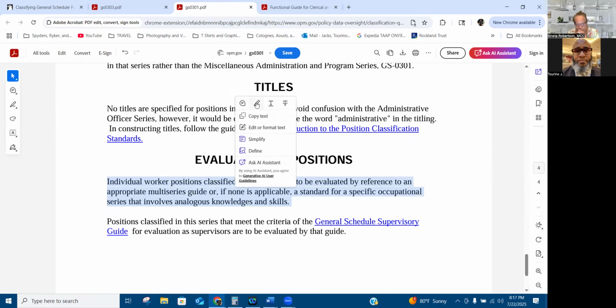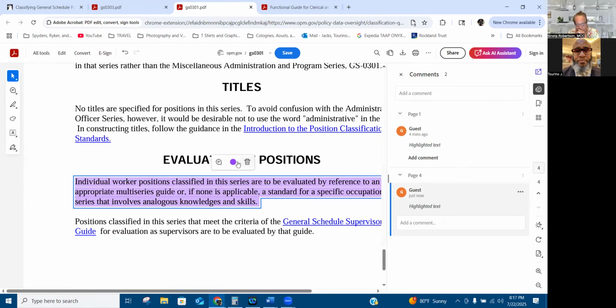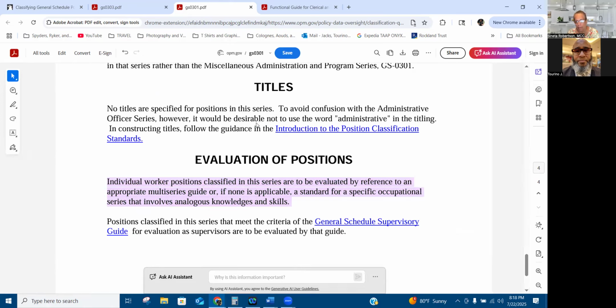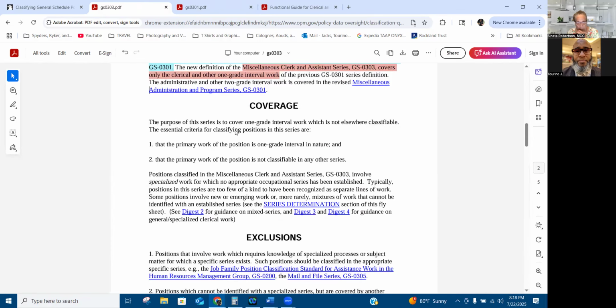Okay. And so for right now, you don't have to look at this for evaluating your position because it's two grade interval. And you know that the PSA is a one grade interval position, right? Yep.